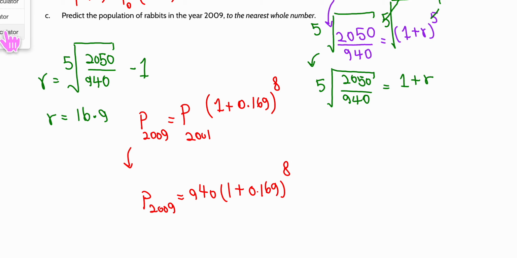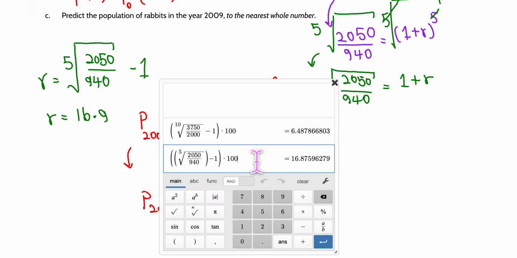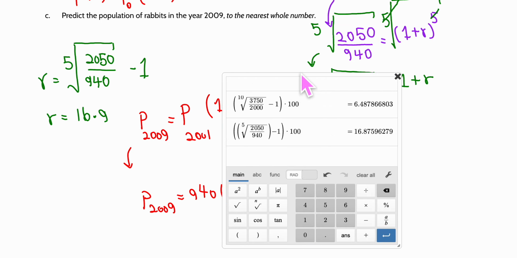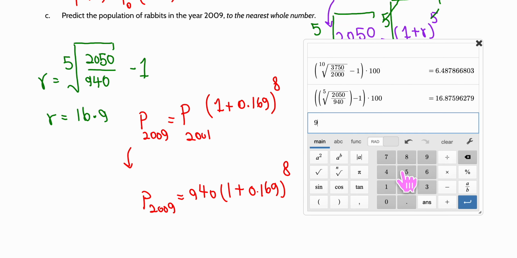For this one, we also need a calculator. Okay, let's plug in. 940 multiplied by parentheses 1 plus 0.169 close parentheses to the power of 8.